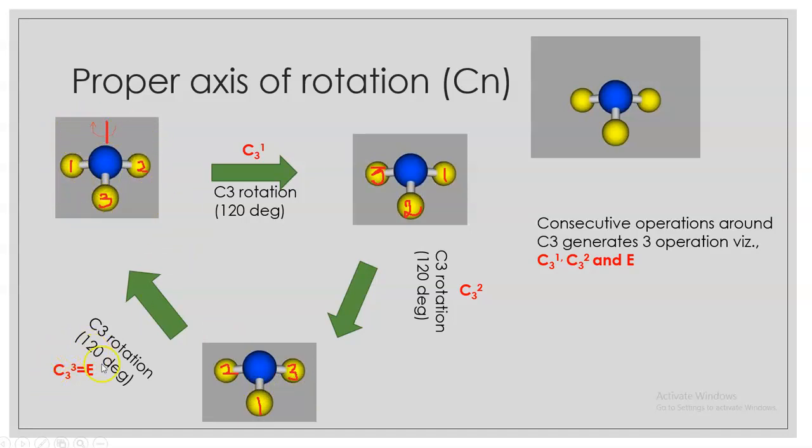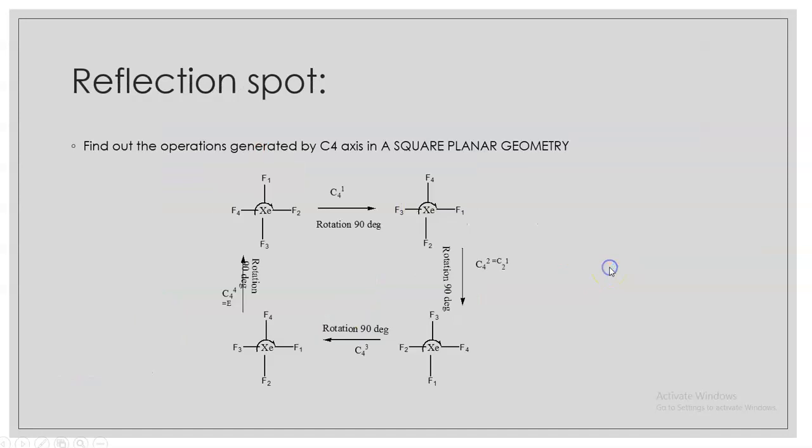So C3-3 is identity. So on seeing this example, we can understand that you are able to generate three operations out of a C3 rotational axis. Those operations are C3-1, C3-2 and E. So this is the case of any axis for that matter.